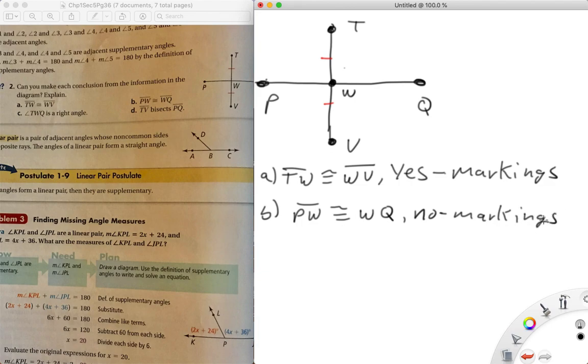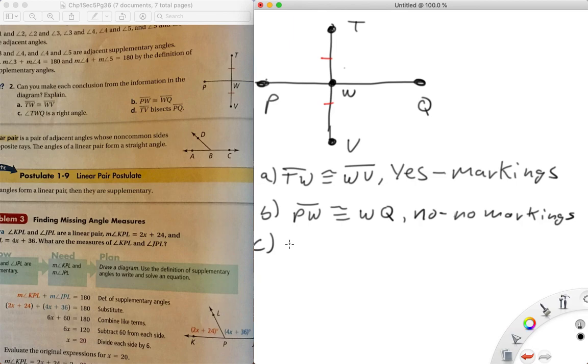So I don't have enough information. There are no markings that tell me that they are congruent. They might be congruent. It's possible, but I don't have any information from the picture itself to tell me that they are.